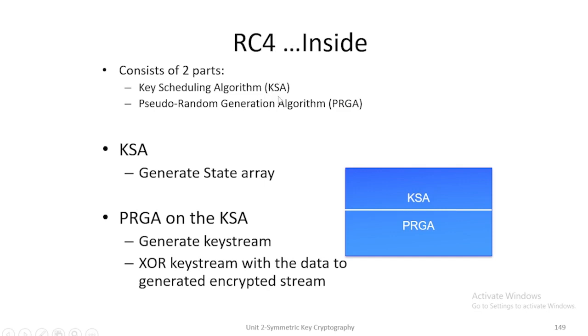The first part is the key scheduling algorithm, in which the state vector array is initialized. The second part is the pseudo random generation algorithm, in which the subkeys are generated, and that value is XORed with the plaintext value to retrieve the ciphertext.